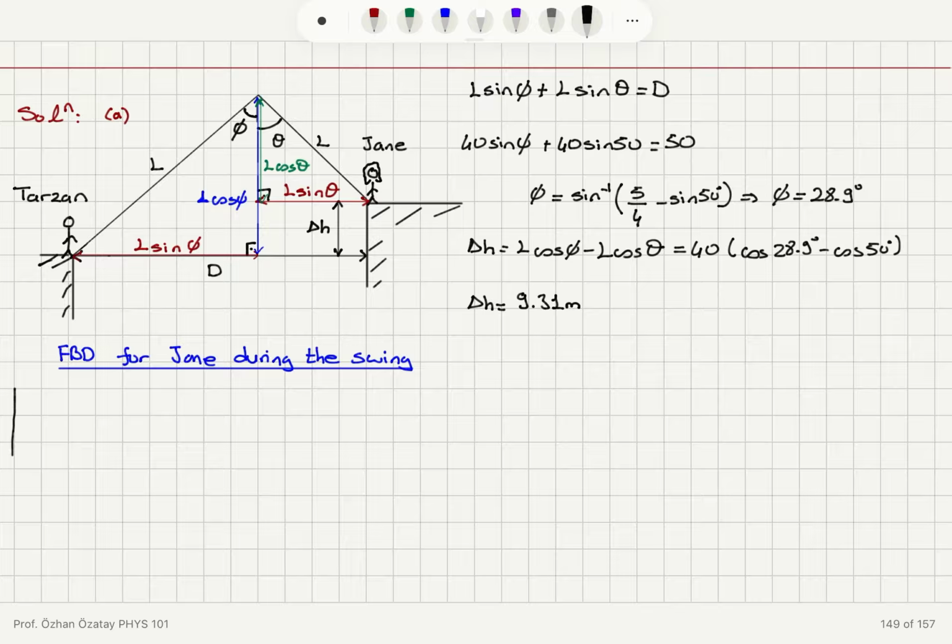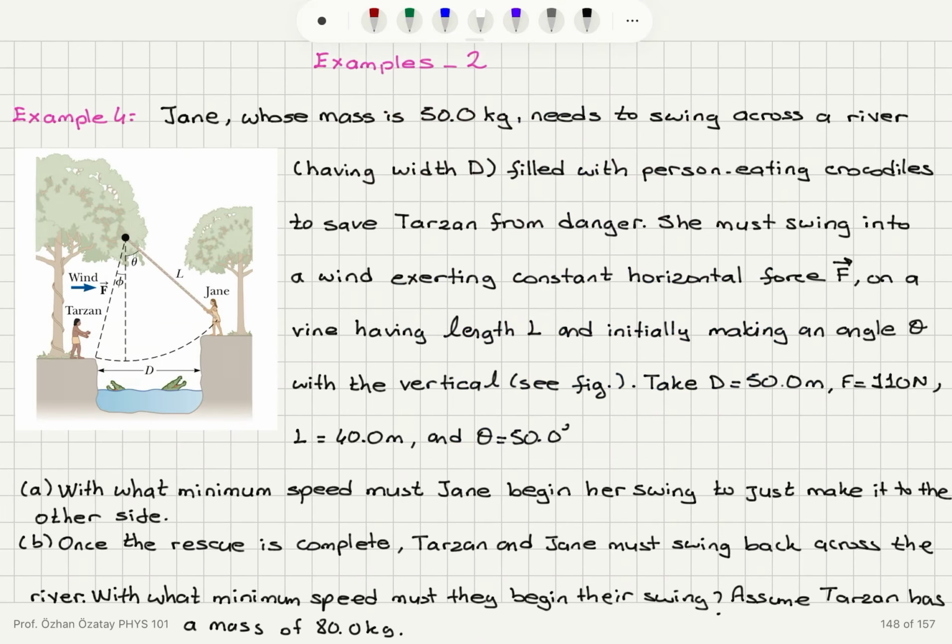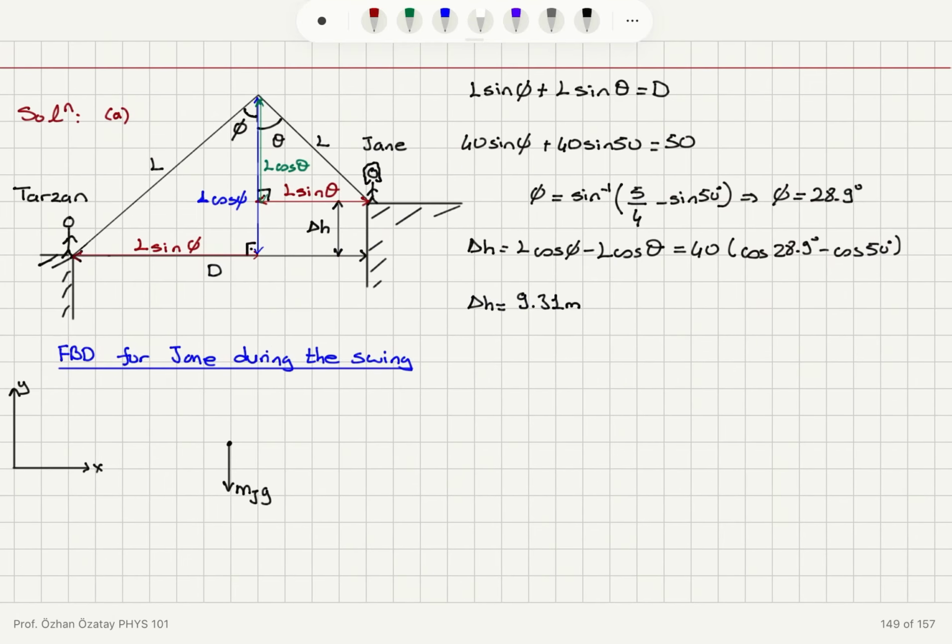So let's call this the y-axis, this the x-axis, horizontal axis x, vertical axis y, and here is Jane. Jane feels the weight, mass of Jane times g, the gravitational acceleration. There is a constant horizontal force F, that's the wind acting on Jane.